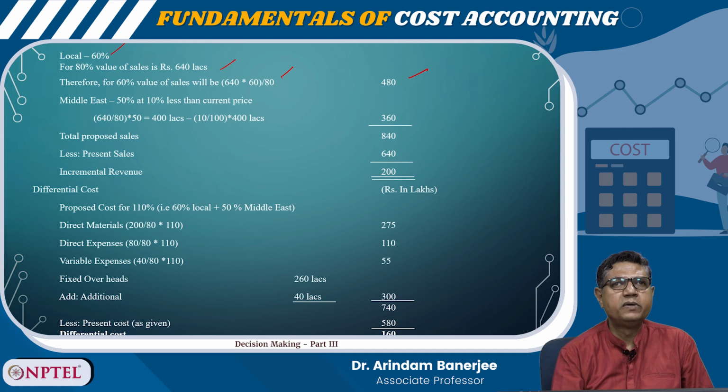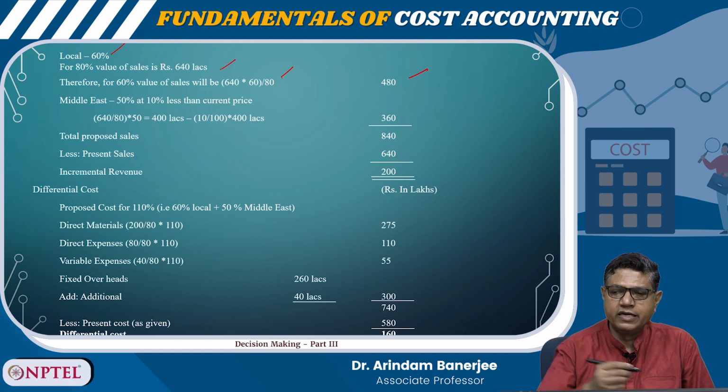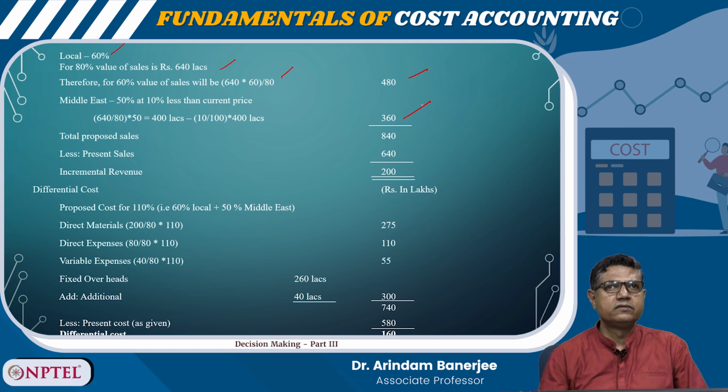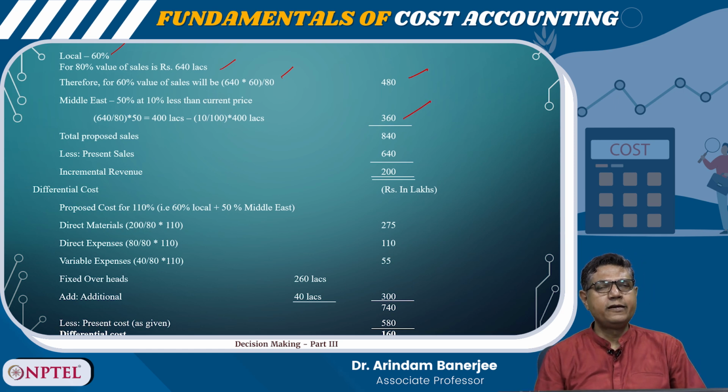Middle East 50% at 10% less than the current price. So, 640 by 80 into 50, 400 lakhs minus 10% of 400 lakhs. So, it comes to 360. So, now proposed is what? Proposed is 60% local and 50% export.